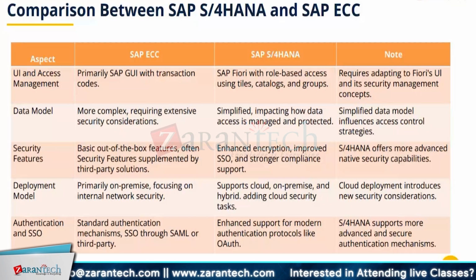So it ensures that your entire security model is robust, and also protected against any cyber threats which are coming in. Coming to next, it's about authentication mechanisms and SSO. Authentication mechanisms are definitely critical for ensuring secure access to our ERP systems. SAP ECC relied heavily on traditional authentication mechanisms and SSO methods, which met the basic requirements but lacked the advanced options provided by SAP S/4HANA.